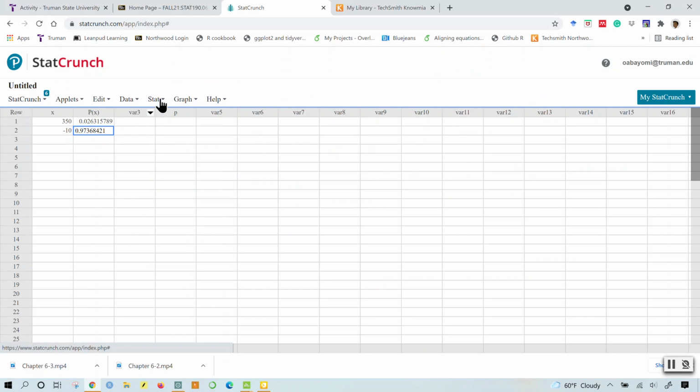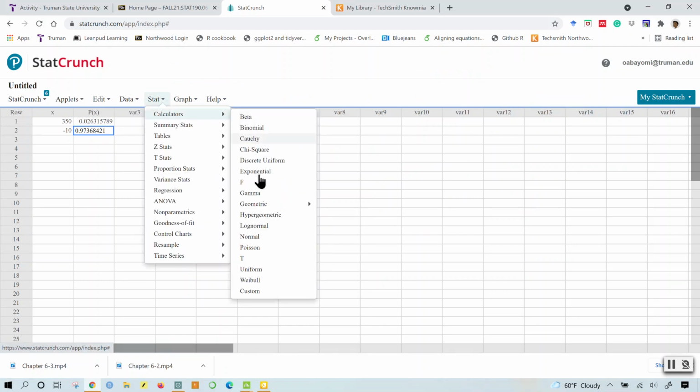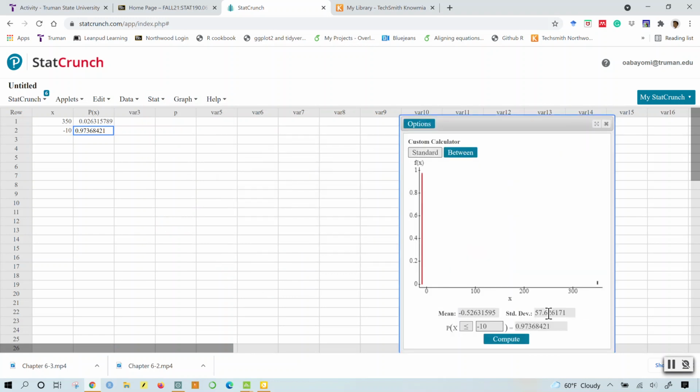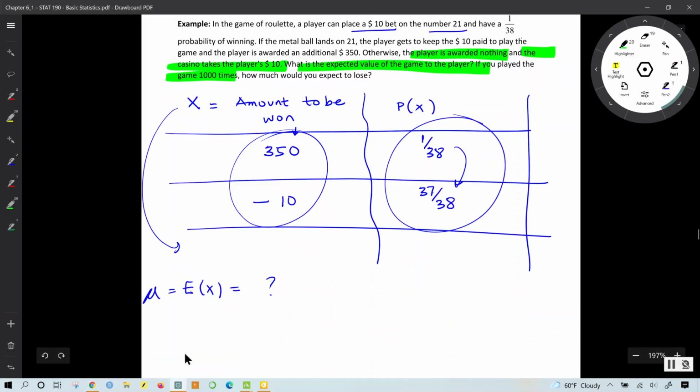So go to Stat again, Calculators, and I'll go to Custom. Values are stored in X, weights in probabilities of X, and Compute. And I have the mean in this case, which is -0.53. So the expected value in this case is -0.53.